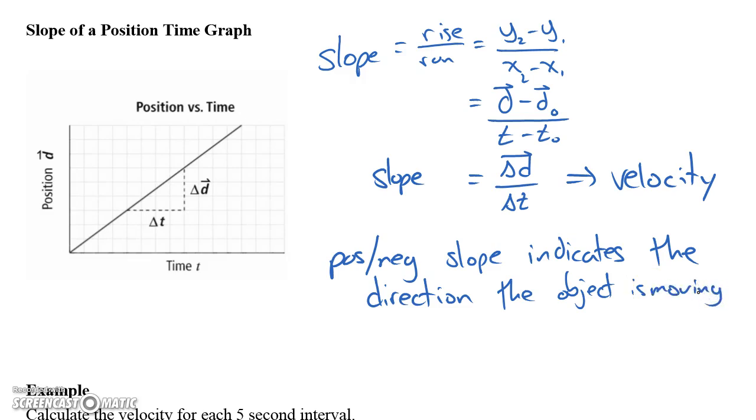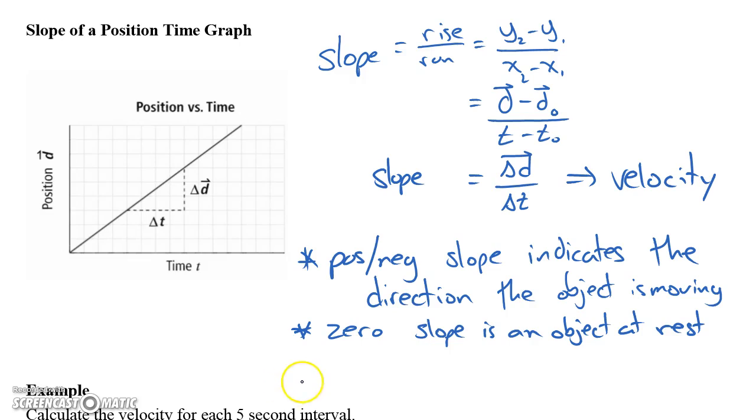Now the third option here, so you have positive or negative slopes, or you could have a zero slope or a horizontal line, and that is an object at rest. So those are two options that we have to keep in mind. And one other key point to keep in mind with a position time graph is that a steeper line, whether it's positive or negative, means that we are going faster.